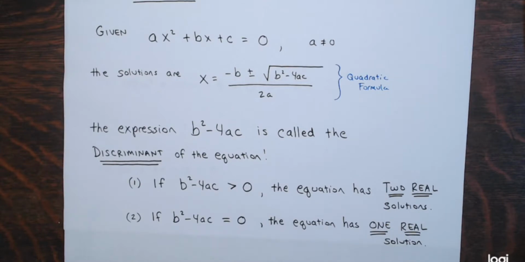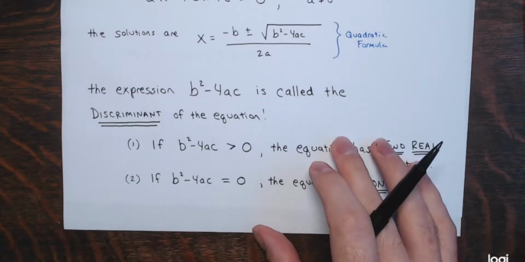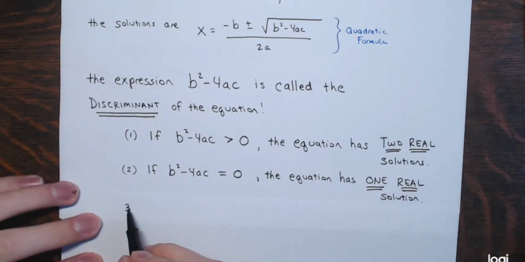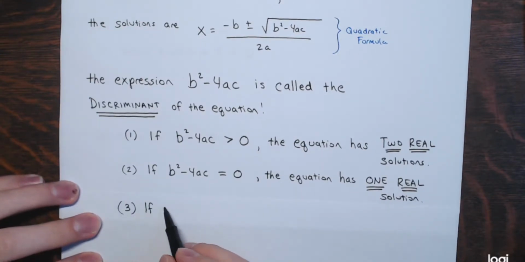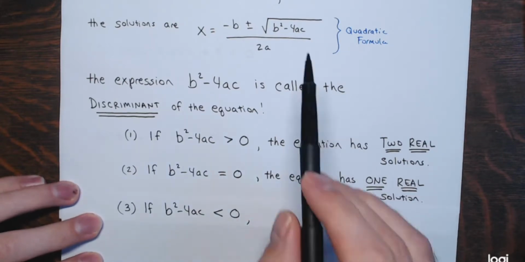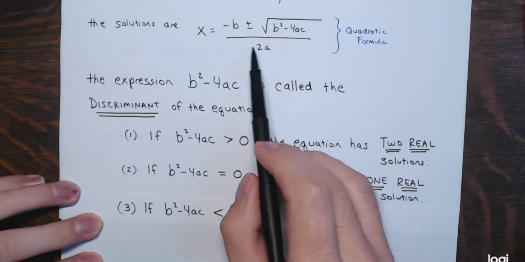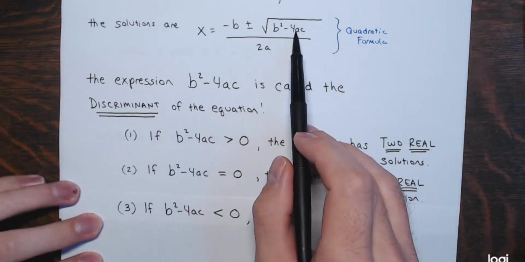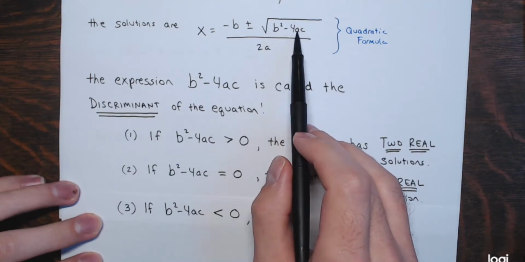All right, then the third case is, what if that square root is the square root of a negative number? If the discriminant, b squared minus 4ac, is less than 0, negative, then in the quadratic formula, you'll be taking the square root of a negative number. And remember, the square root of a negative number is not real. It's imaginary.